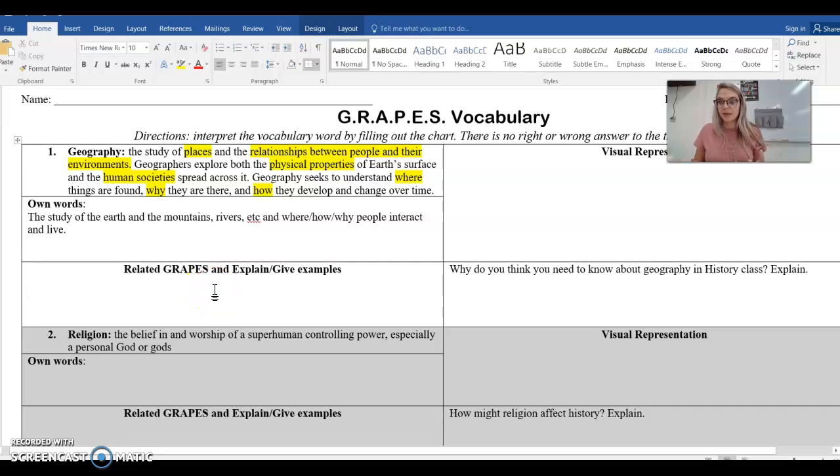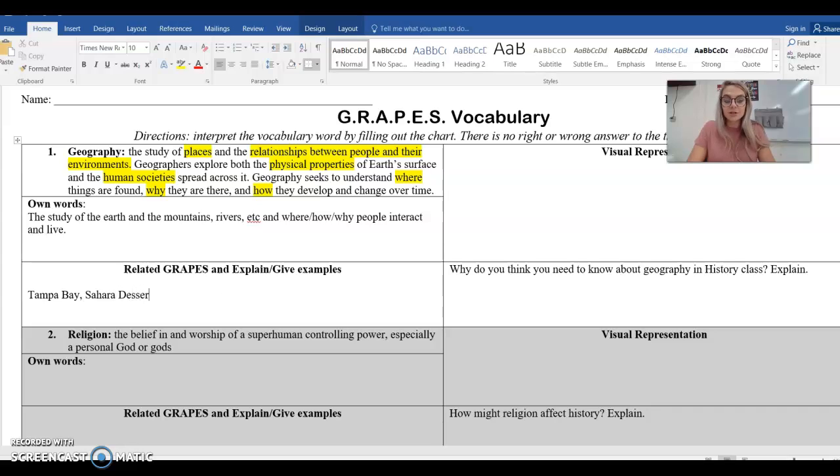So some examples could be, let's say you have a vocabulary word pop up. It's not, because we're talking about later history, but Tampa Bay would be a vocabulary word that has to do with geography, right? It's a geographic feature. We live near a bay, or a body of water that's open on one side that's surrounded by land, right? Other things might be the Sahara Desert. We're going to talk about that.